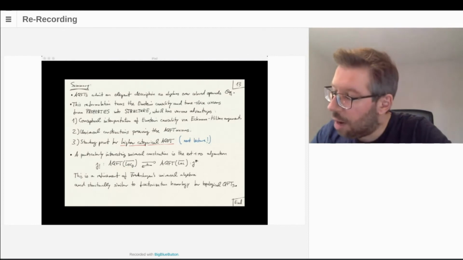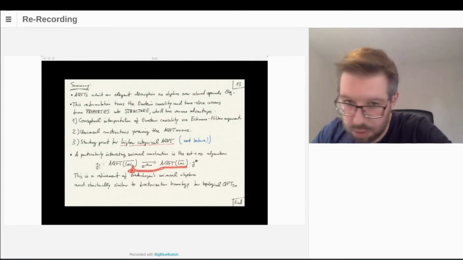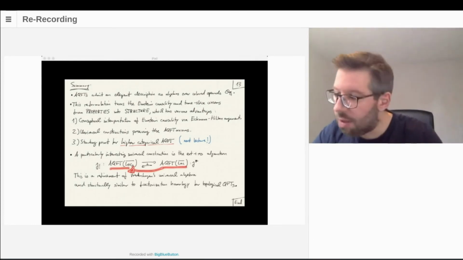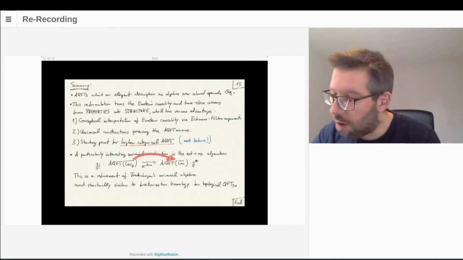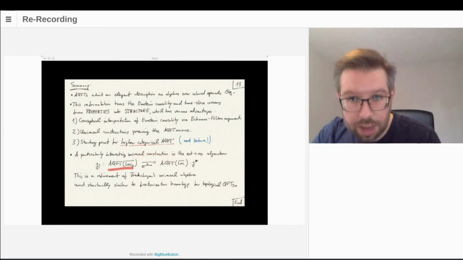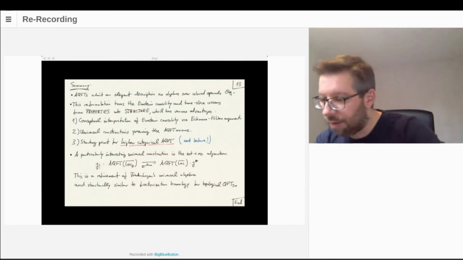And we have two functors, so in an adjunction always two functors. We have the easy one, the restriction functor, restricting an AQFT to an AQFT on just diamonds, and the more interesting extension functor. And this extension functor by construction preserves all the AQFT axioms, so you don't have to worry about that when you extend your theory.